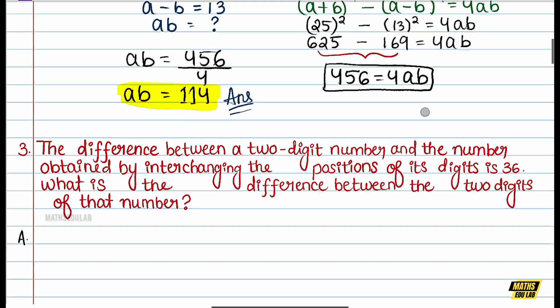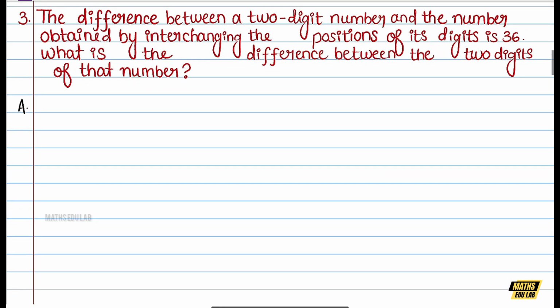Now let's go for the third one. It is given: the difference between a two-digit number and the number obtained by interchanging the position of its digits is 36. So let the tens digit be x and the ones digit be y. This is our tens digit and this is our ones digit. That means here we have a 10 and here we have a 1.